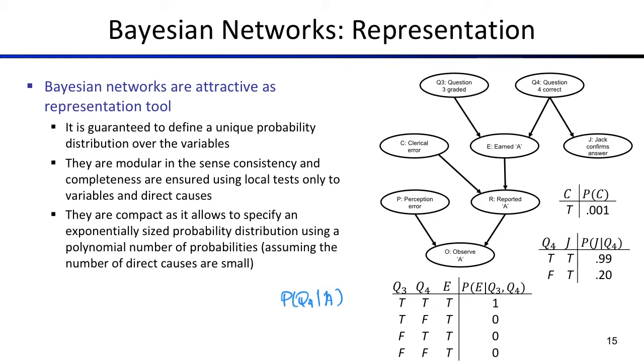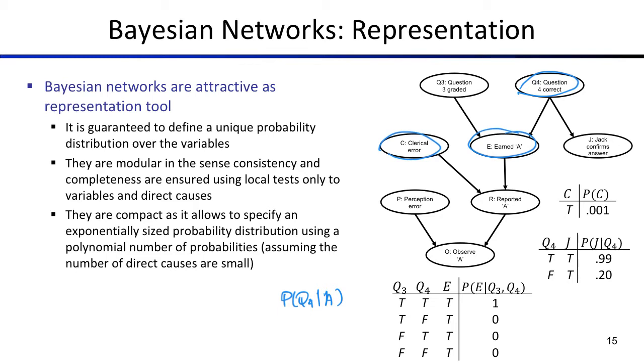We can see in the figure here that we just specified for the C, for the Q4, and for the E, right? So we have it specified just for a few of them, but we need to specify for every node in the Bayesian network. Once we have done that, we can compute the full joint.